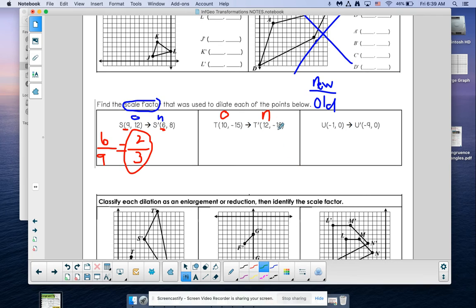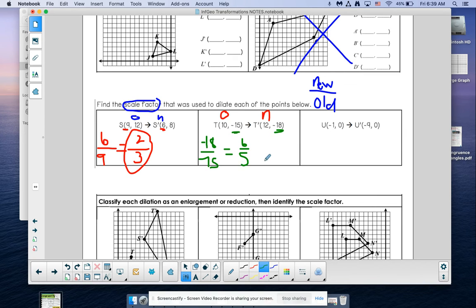Now let's do the y coordinates. 18 and 15. 3 goes into both of those. 18 divided by 3 is 6, and 15 divided by 3 is 5.